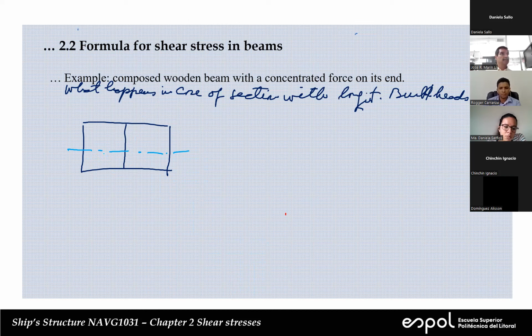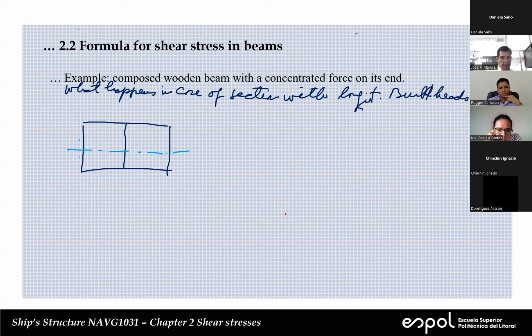So upward. Why? Because when you integrate the shear stress on the vertical elements, you have to recover the shear force. And the shear force, since it's positive, this is a positive face, we have to expect it to be upward, definitely. Okay, so let's put it positive.